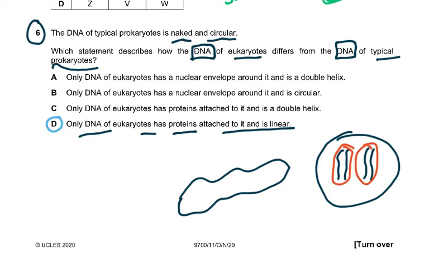Only DNA of eukaryotes has proteins attached to it and is a double helix. Now you're not telling me how it is different. And is a double helix, but the DNA of prokaryotes is also a double helix. Double helix are both. DNA of prokaryotes and eukaryotes is a double helix.